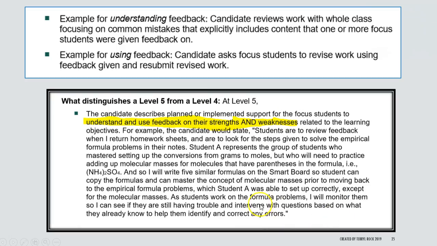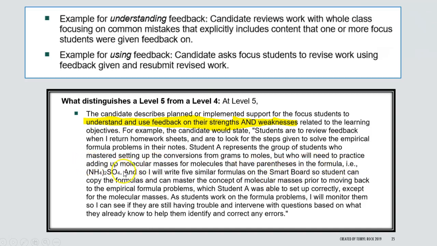And here's an example of a 5. Students are to review feedback when I return homework sheets and are to look for the steps given to solve the empirical formula problems in their notes. Student A represents the group of students who mastered setting up the conversions from grams to moles, but who will need to practice adding up molecular masses for molecules that have parentheses in the formula.